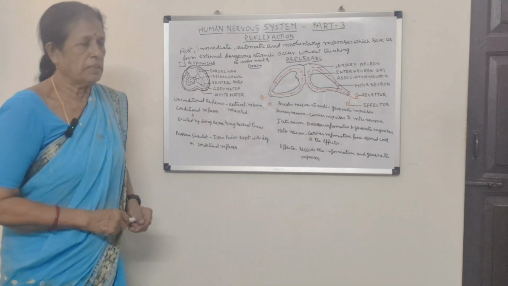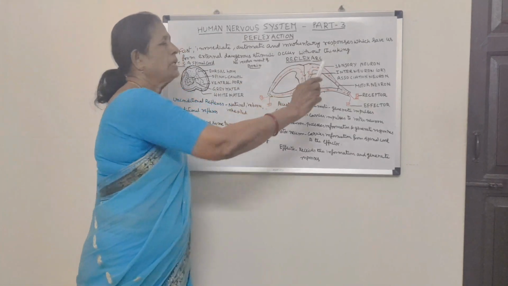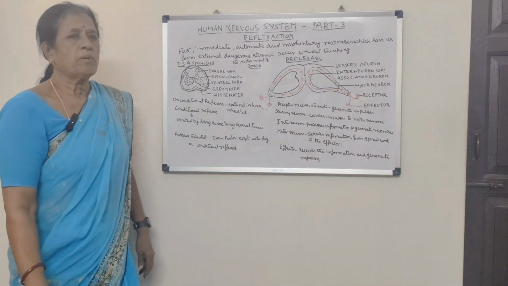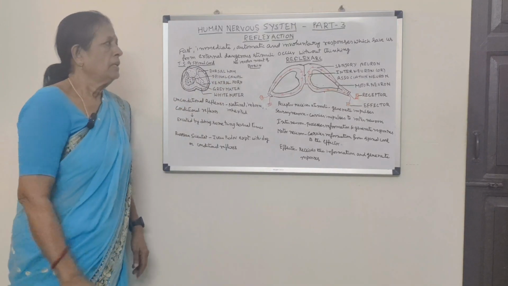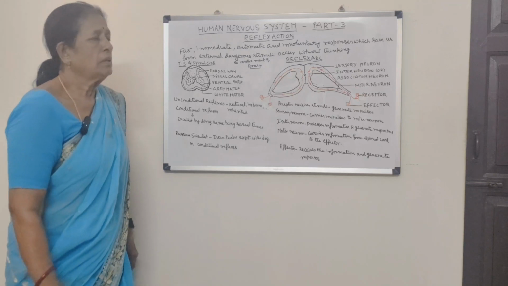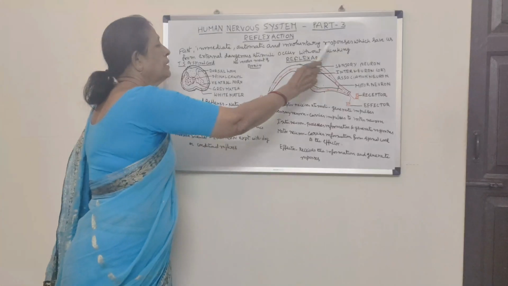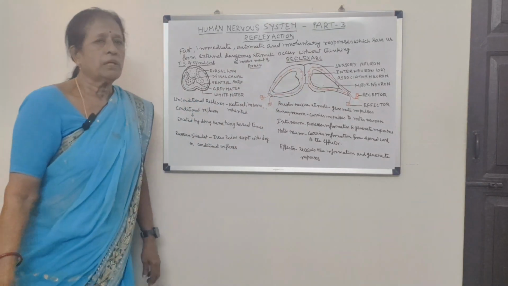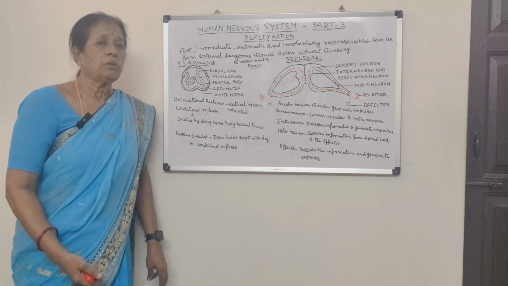What is reflex action? Reflex action is a fast, immediate, automatic, involuntary response which protects us from external dangerous stimuli. Such actions are executed without our thinking. So if we come in contact with a hot object, we immediately take back our hand without thinking.